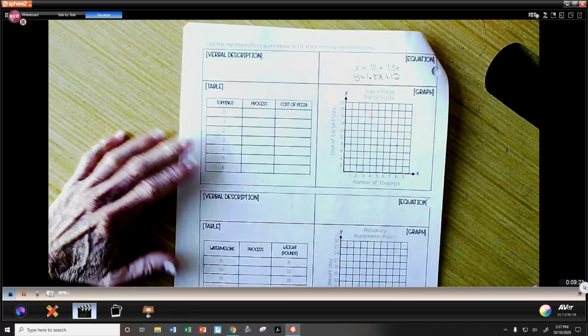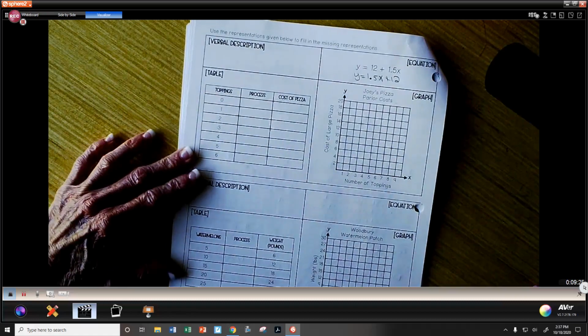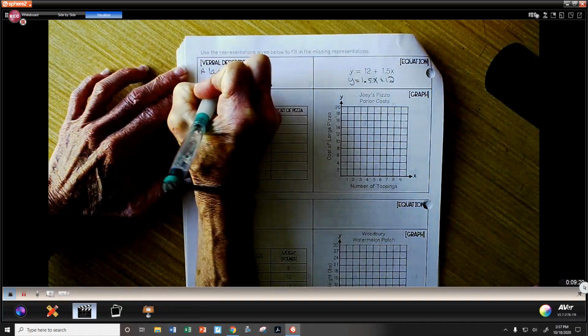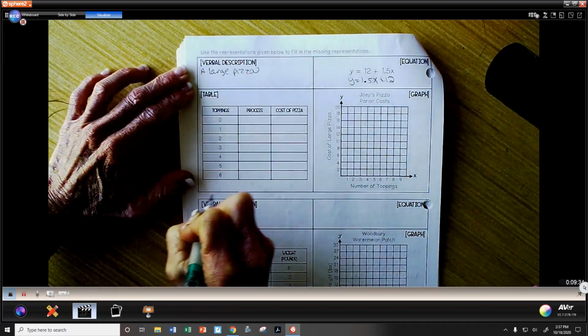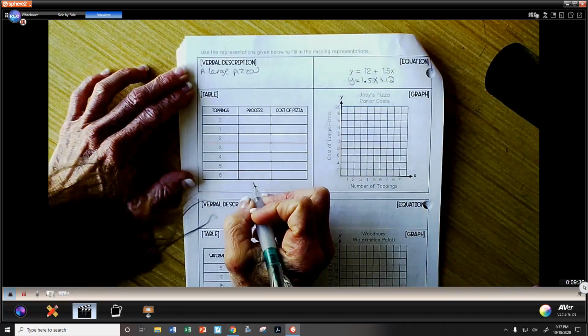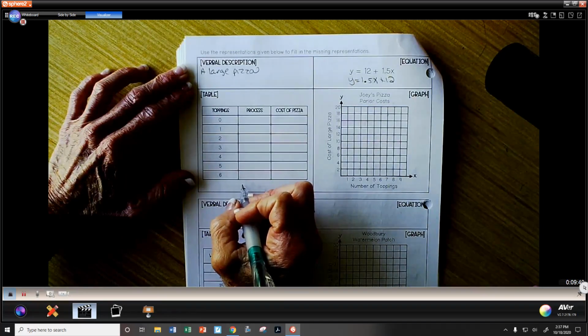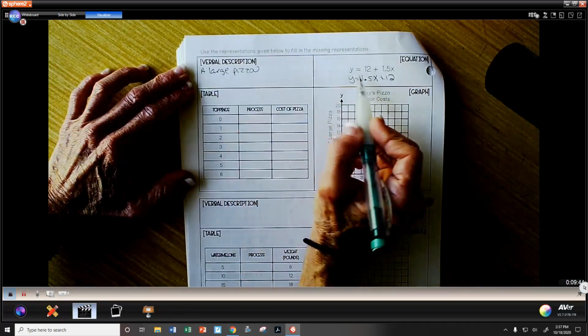Okay, so now we need a verbal description. How much is a large pizza with 0 toppings? It tells us right here.